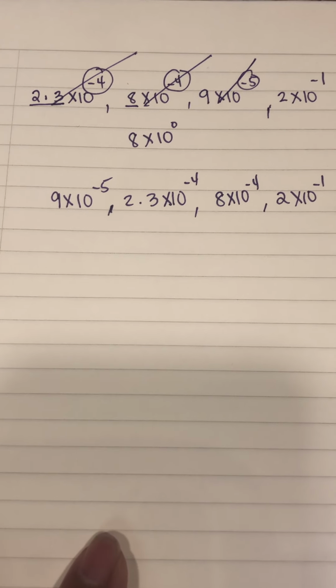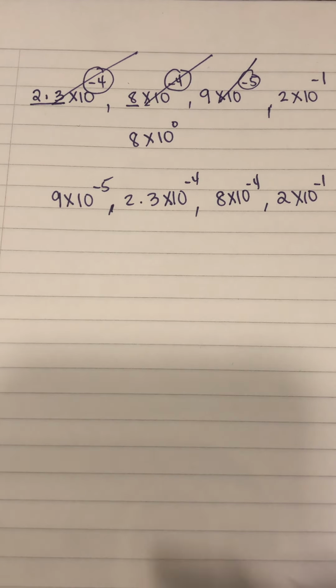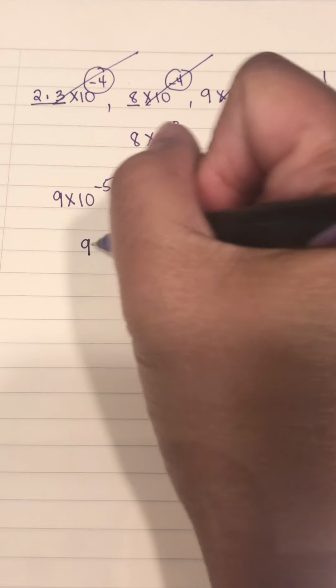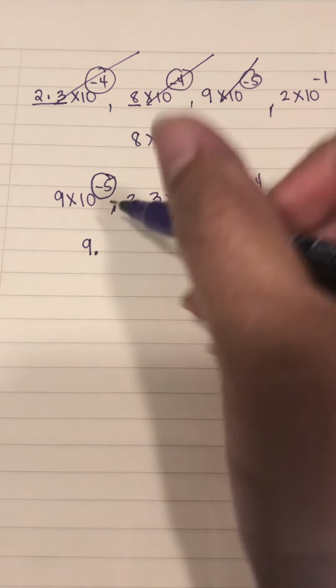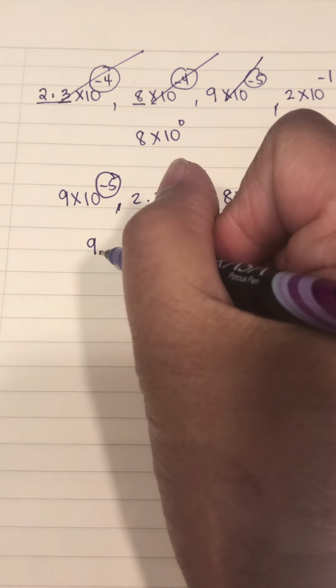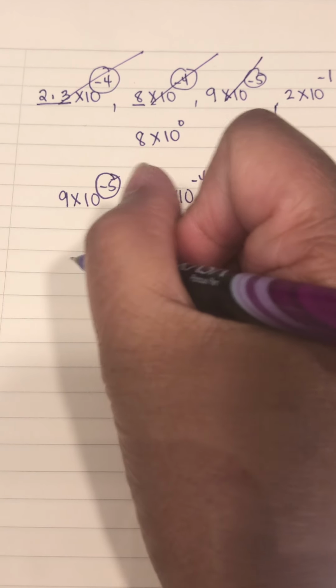And if you really want to work through this as well, we can also write this in terms of decimal numbers. So now it's really 9. And then my point is here. Then how many steps do I move back? I have to move 5 steps back. 1, 2, 3, 4, 5.